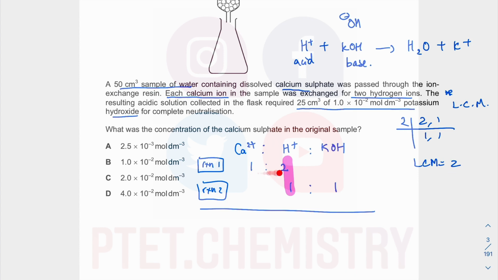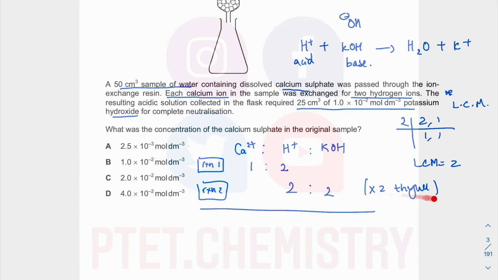To get to 2, you just multiply the whole thing by 1. That means no change. This is 1. I need to get it to LCM 2, so I need to multiply it by 2 throughout. When I multiply by 2 throughout, what will happen is I will get 2:2, which is equal to 1:1.